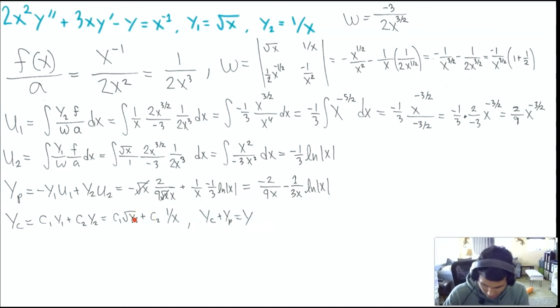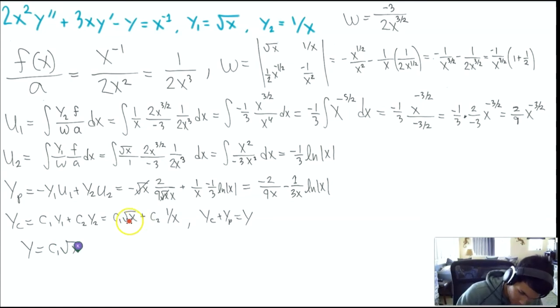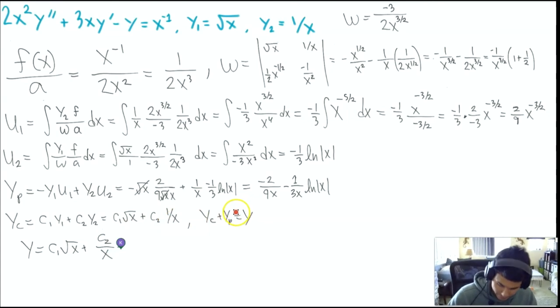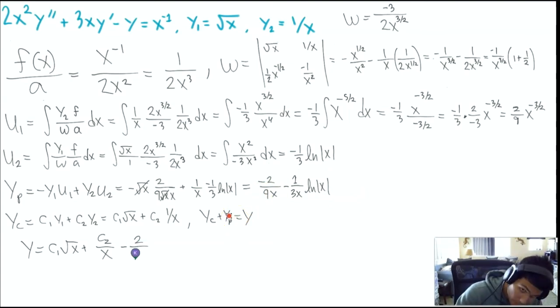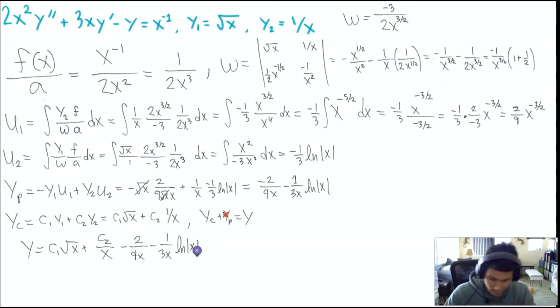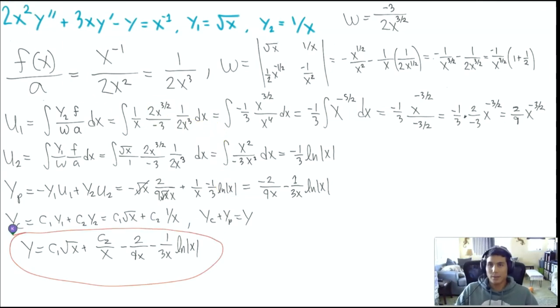So let's do that now. y is equal to c1 square root x plus c2 over x, and it's not plus anymore, it's going to be minus, because there's a minus sign, just factor out the negative: 2 over 9x minus 1 over x ln x. Okay, now this is our answer. And yeah, there we go.